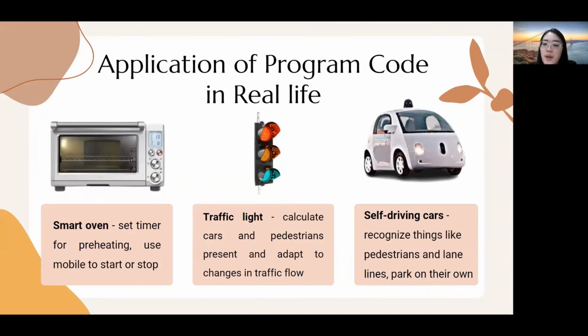And we can use program code to calculate cars and pedestrians present and also to adapt to the changes in traffic flow by using the program code in traffic light. And also we use program code to control the self-driving cars. For example, it can recognize things like pedestrians and lane lines, and it can also park on its own successfully.